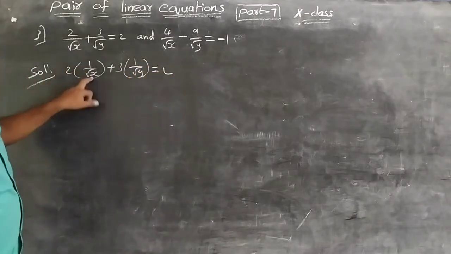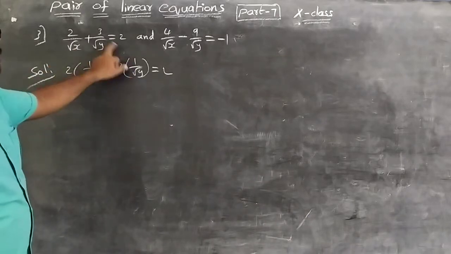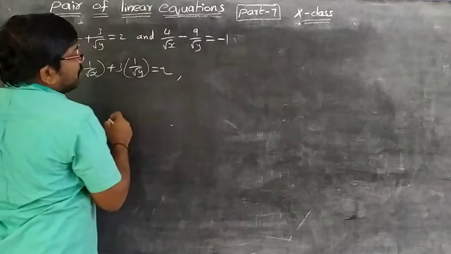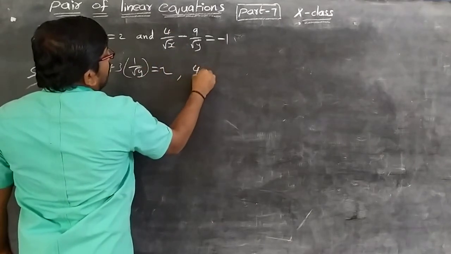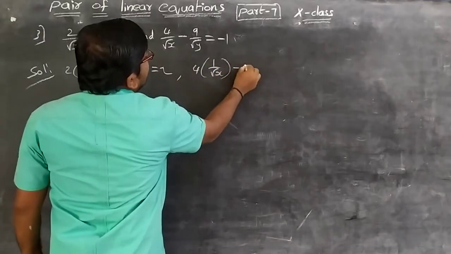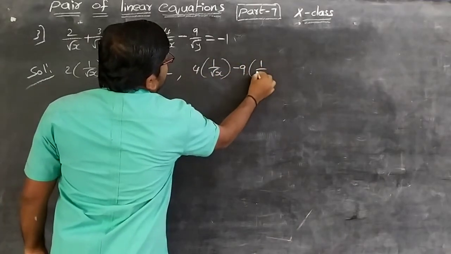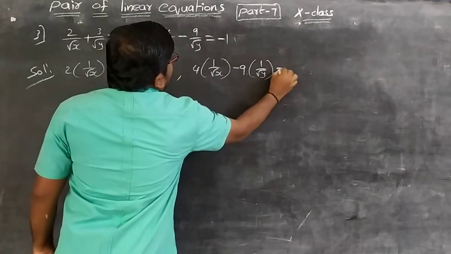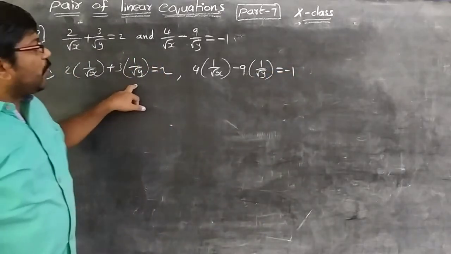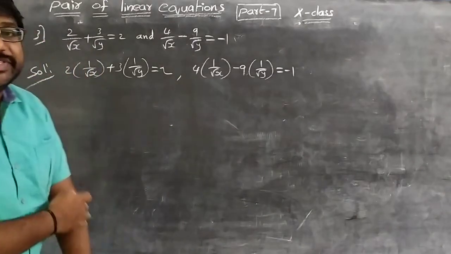And the next equation can be written as 4 into 1 by root x minus 9 into 1 by root y is equal to minus 1. Here 1 by root x and 1 by root y are common in both equations.